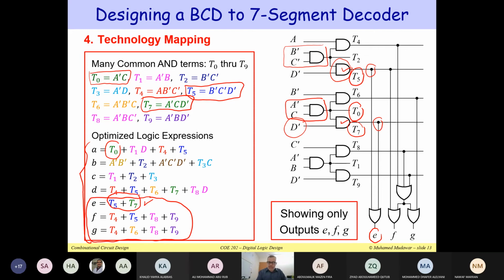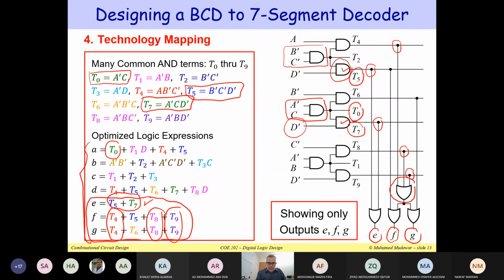Notice that for the outputs F and G, T4 is in common, T8 is in common, and T9 is in common. So T4 or T8 or T9, I can use this OR gate here. This is T4, this is T8, and this is T9.